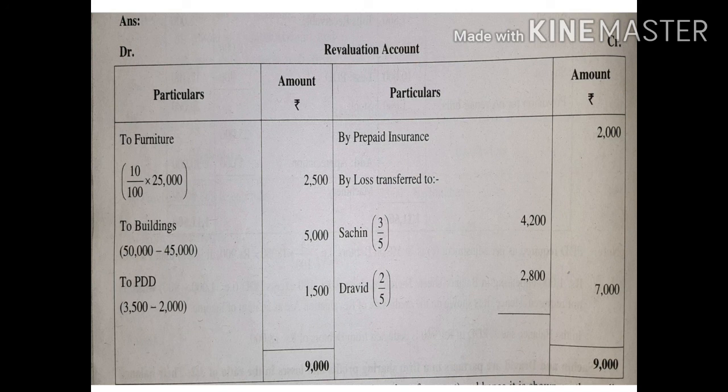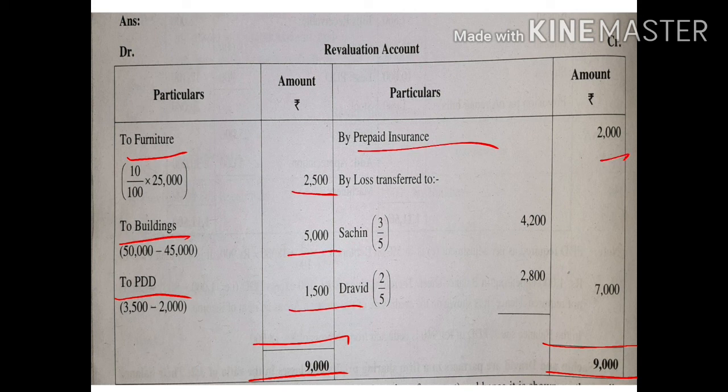After recording these four items in the revaluation account, next we have to prepare the balancing column. Which side is greater? Debit side total or credit side total? Debit side: 2,500, 5,000 and 1,500, total 9,000. Here only 2,000. So the debit side is greater. That's why you write 9,000 here and the same 9,000 here.